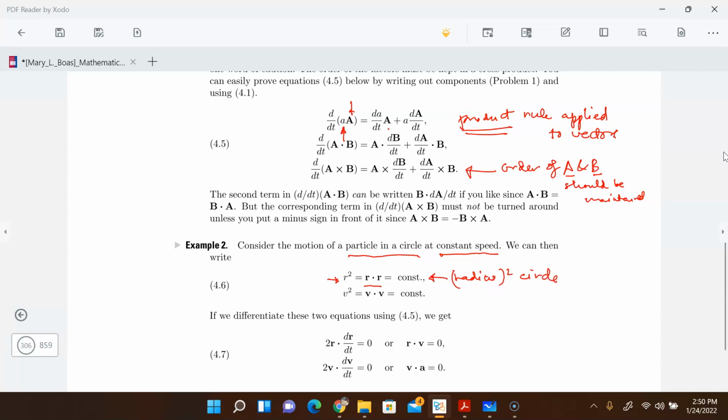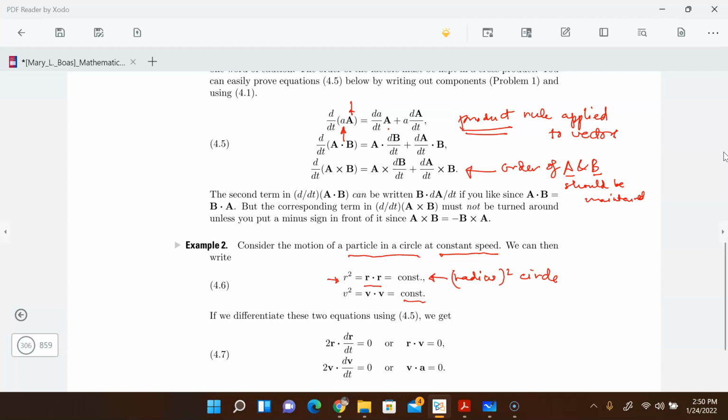And it has to be constant, otherwise it will not be a circle. Otherwise it might be an ellipse or something. So this is constant. Now it says constant speed, that means v dot v gives you the magnitude squared of your vector v, that will be a constant.